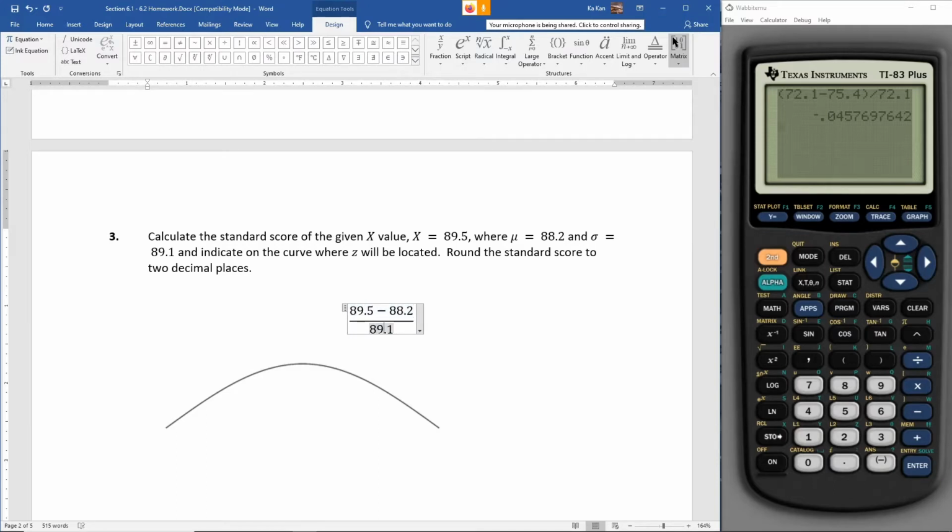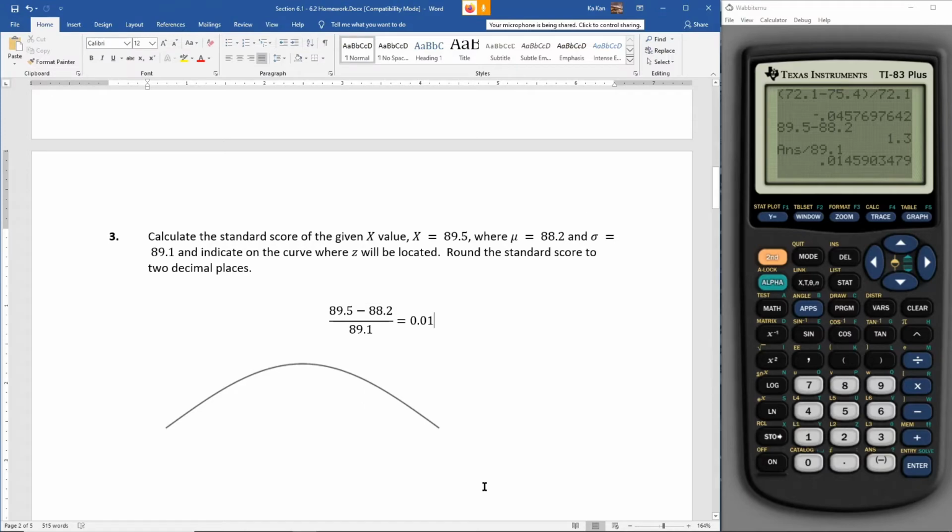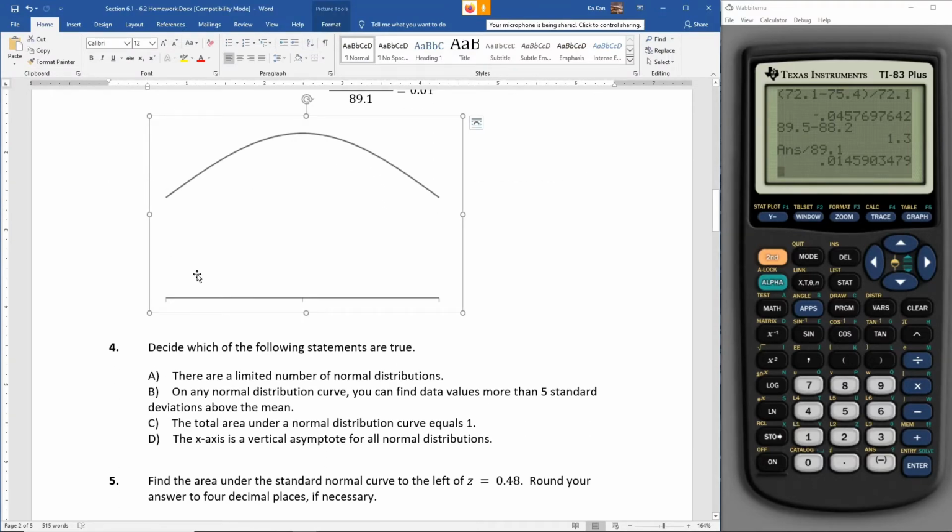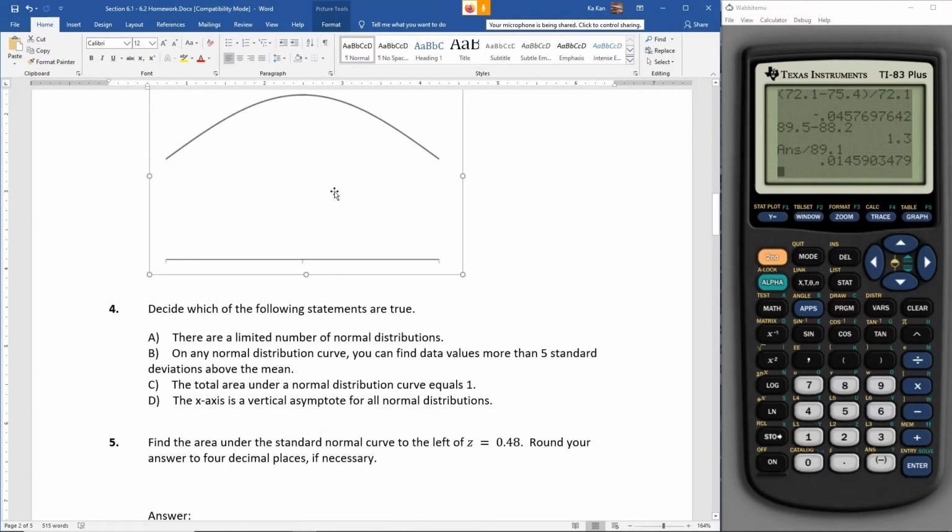So that's just using the formula. Equals, and again, I'll put this in the calculator: 89.5 subtract 88.2. So this time I did not use the parentheses, I just hit enter, and then I will divide by 89.1. And I have 0.01, rounded to 2 decimal places. I don't know where this goes. It probably got moved somewhere.